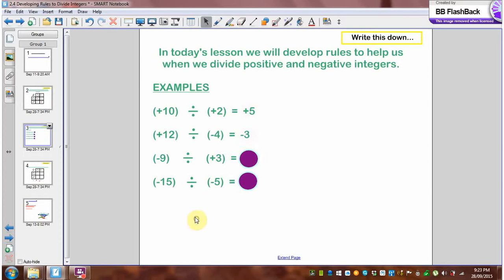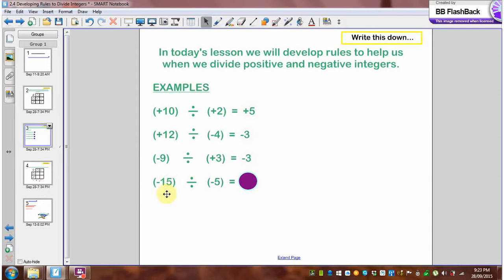The next one is a negative 9 divided by a positive 3. Look at our numbers: 9 divided by 3 gives us 3. So we know the number. Now we have to figure out the sign. Negative divided by a positive, we have different signs. Different signs give us a negative answer, negative 3.